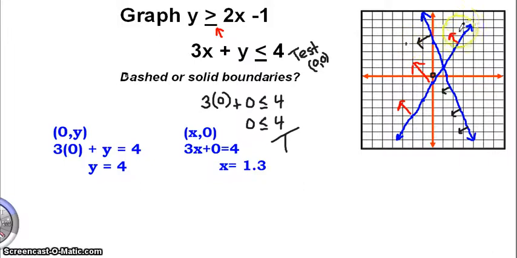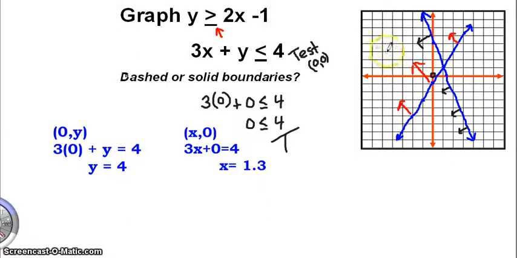So I don't have any overlapping. I just have shading for this one line here. Do I have any shading that's happening in this region over here towards the right? No. Do I have anything overlapping? I do have shading down here towards the bottom, below what looks like an X. I have shading, but do I have it overlapping? No, I don't, because the 2x minus 1 is shading above that line, and it does not overlap with the 3x plus y less than or equal to 4.